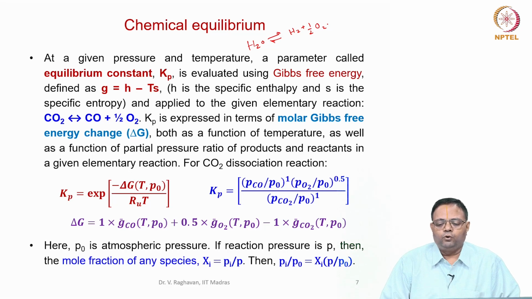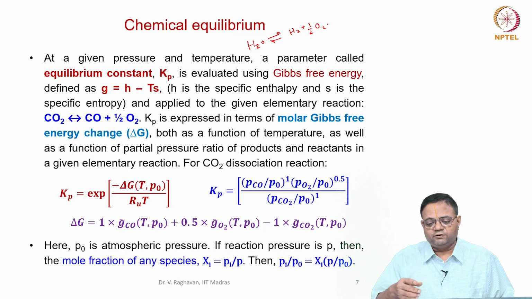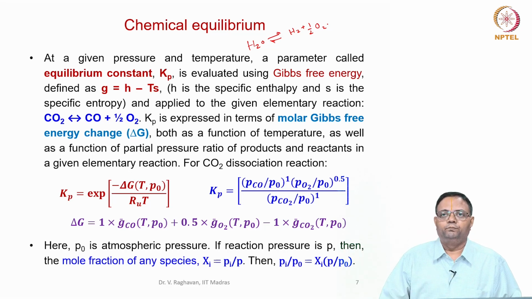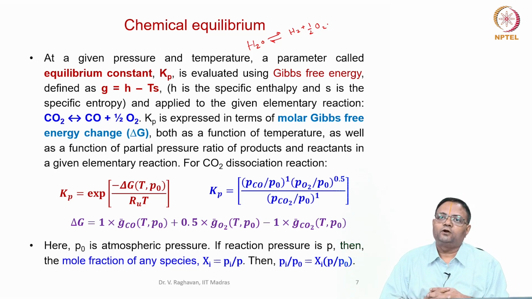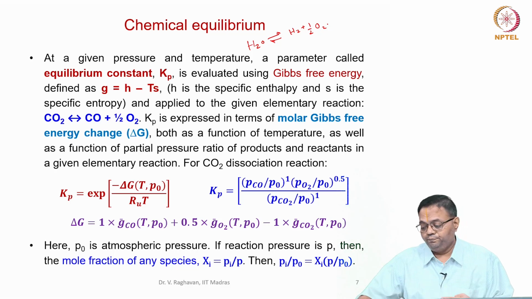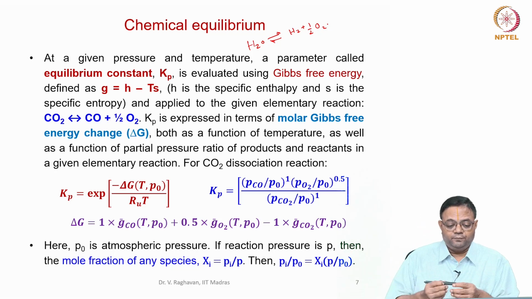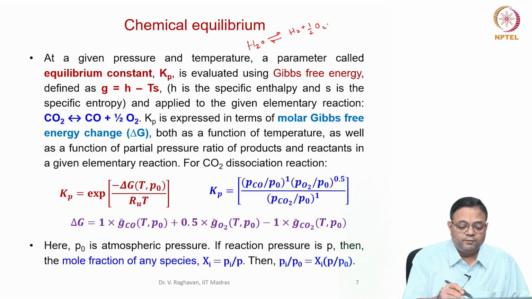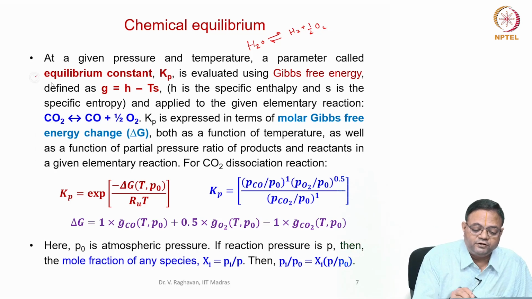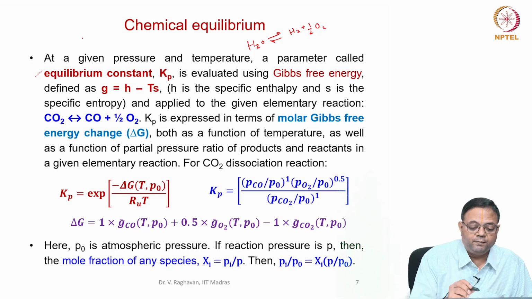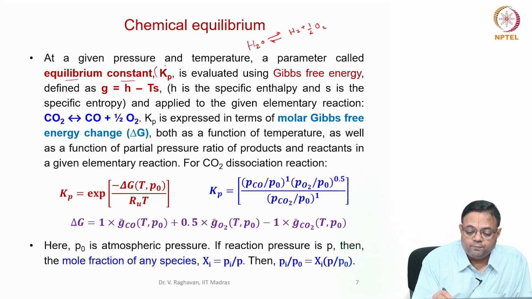As I told you, at a given temperature and pressure, this reaction also will be in a particular equilibrium. That means there will be definite amounts of H2O, H2 and O2 in the product mixture. So, how will you go about finding the composition? For that, I use the concept of chemical equilibrium, which enables us to find an equilibrium constant Kp.